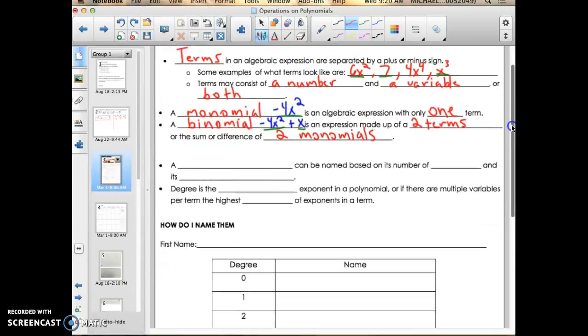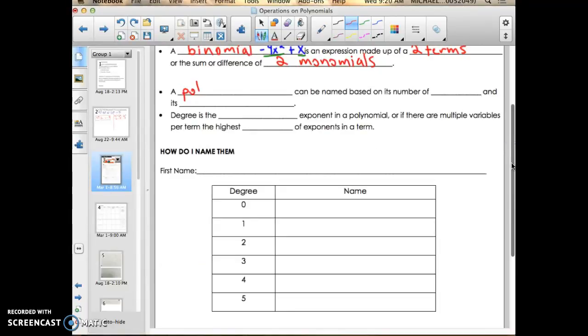Moving on, a polynomial can be named based on its number of terms and its highest power, and I'm going to put in parentheses, degree. Degree is the largest, or highest, exponent in a polynomial.